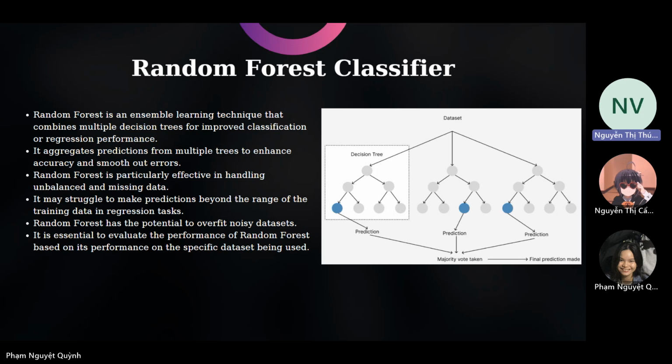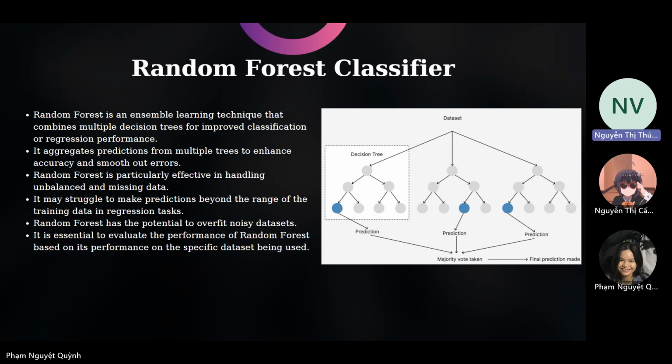Random forest is known for its ability to handle unbalanced and missing data efficiently. However, it may struggle to make predictions beyond the range of the training data in regression tasks and can overfit noisy datasets. Ultimately, the performance of random forest, like any algorithm, should be assessed based on its performance on the specific dataset at hand.